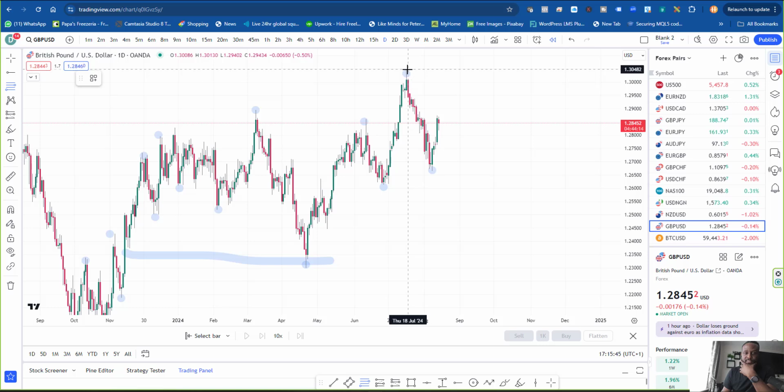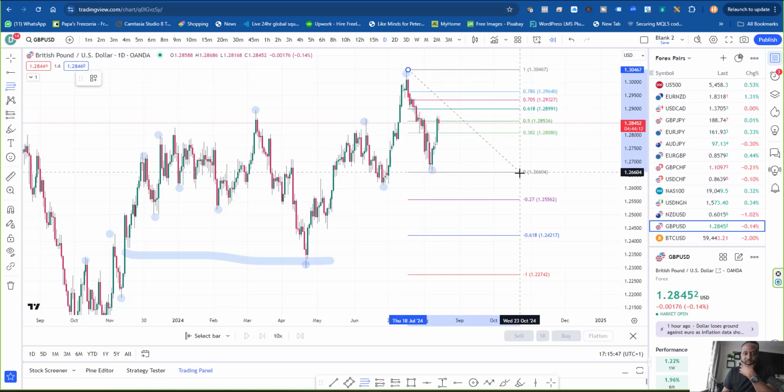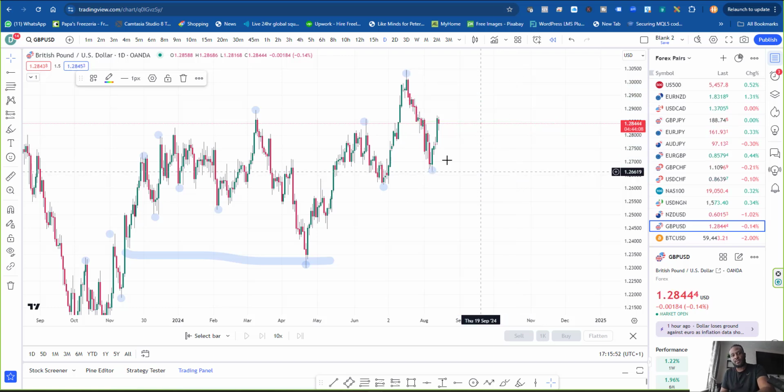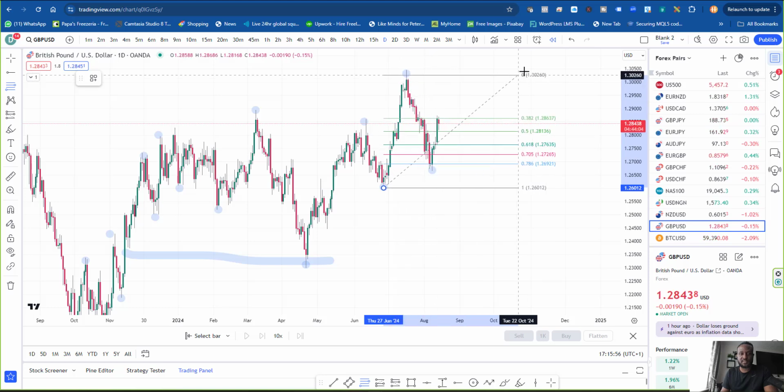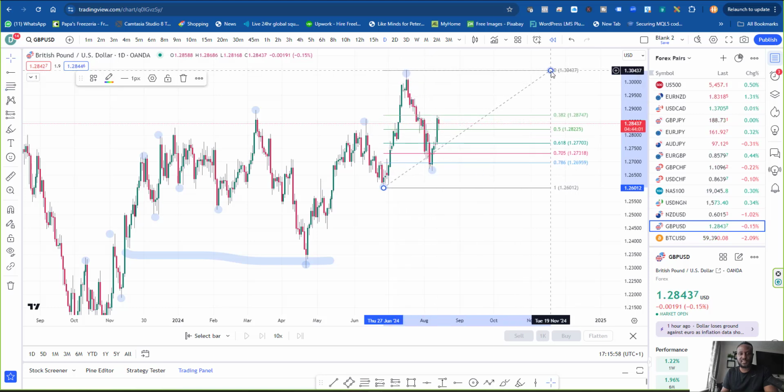And indeed, price pulled into what I call a sweet spot. You can see price came in between 61 and 78.6.